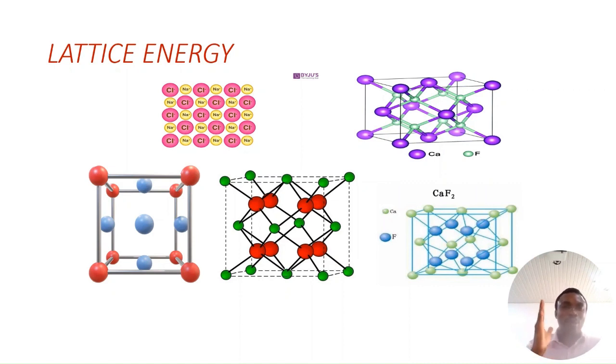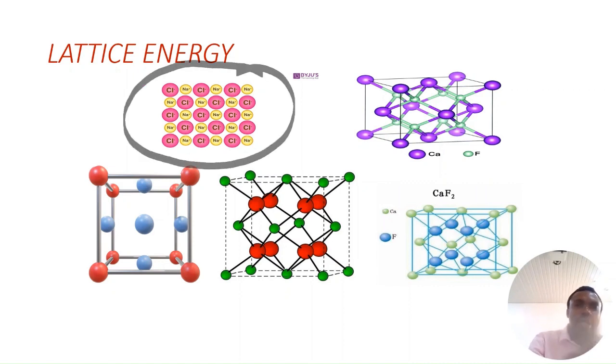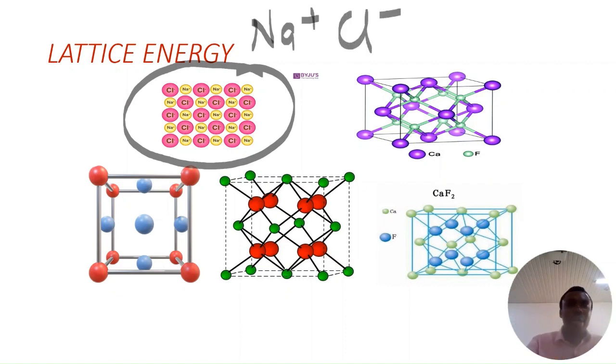An ionic lattice is of an ionic compound, which consists of an aggregate of oppositely charged ions. This is the ionic lattice of sodium chloride, arranged in a regular repeating pattern of sodium ions and chloride ions.